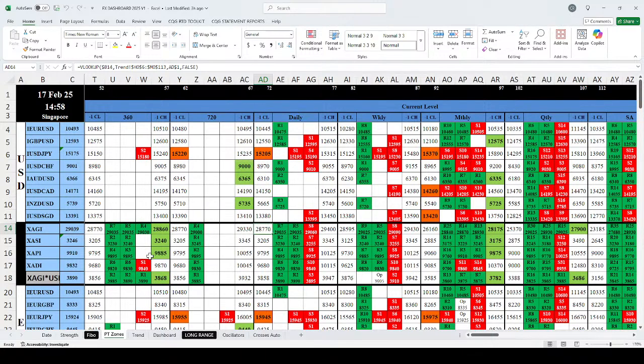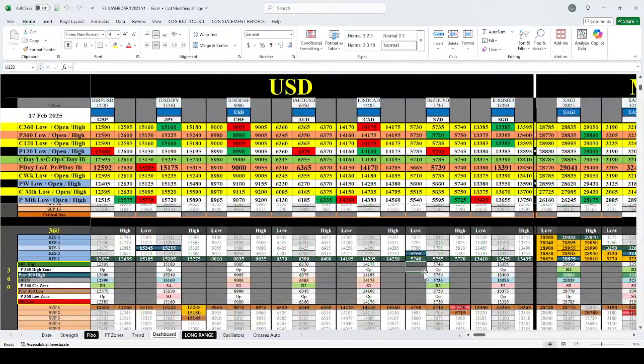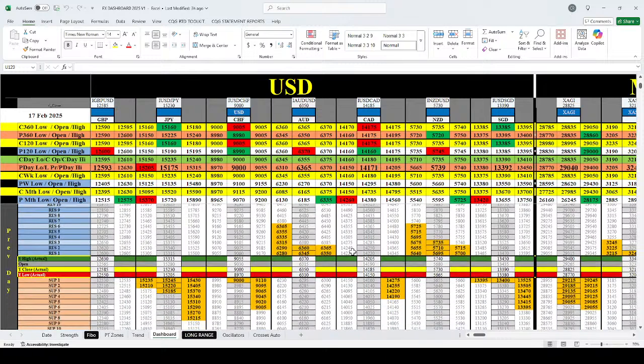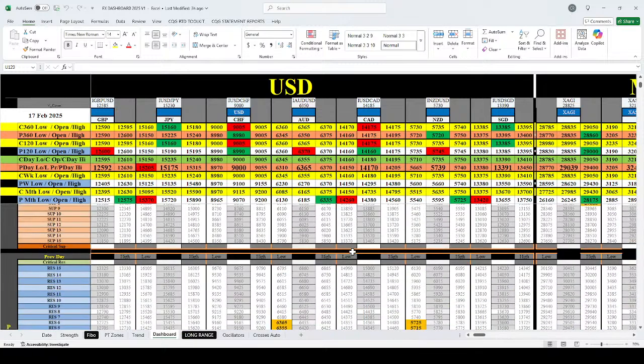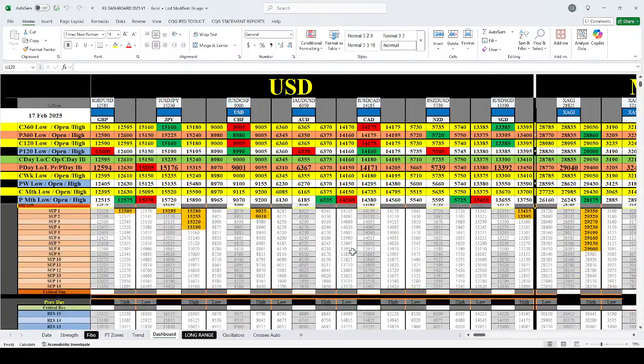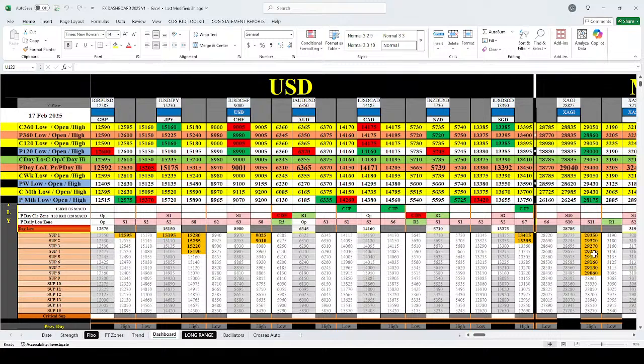I think we need to rely on the chart. So right now, price is trading near the high. I think we should not see the price going beyond 2921 or 2935. Okay, as long as below 2935, we should be holding sell.